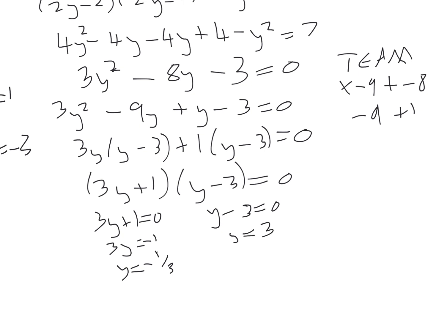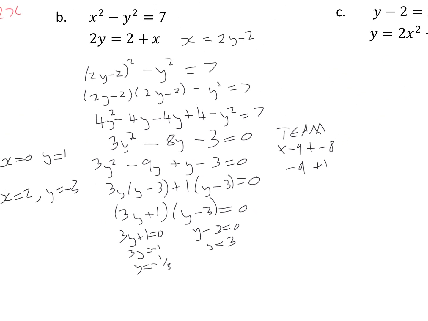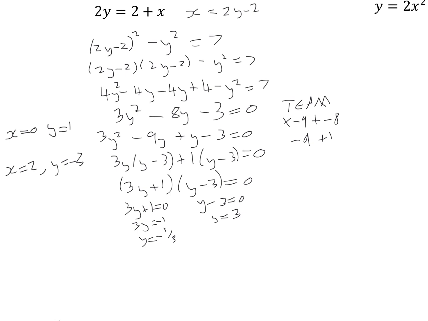But remember, this is a simultaneous equation, so we've only done half, well, more than half the work, but we've got another part to it. We need to know the corresponding x value. Now, remember, x is 2y minus 2.